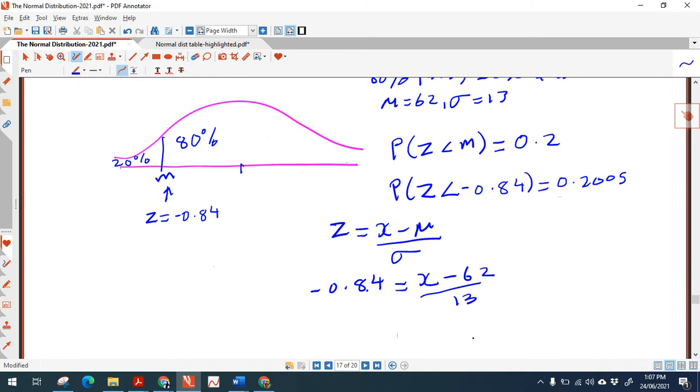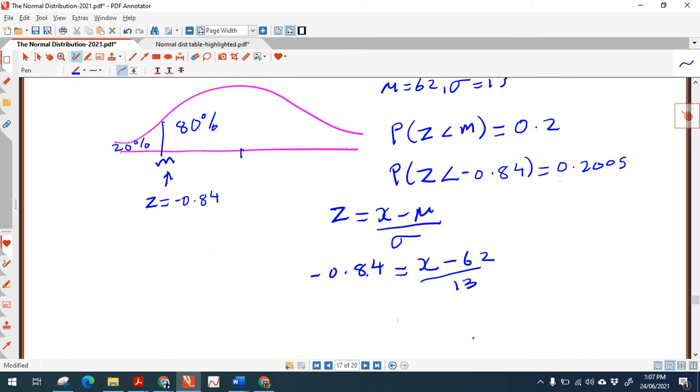Okay, so let's just solve that equation. 13 times negative 0.84 gives us negative 10.92. So negative 10.92 is equal to X minus 62. And then if we add 62 to that, you're going to get 51.08.